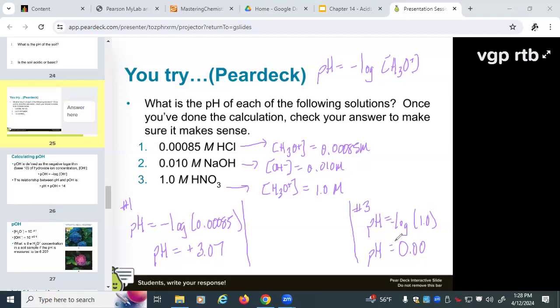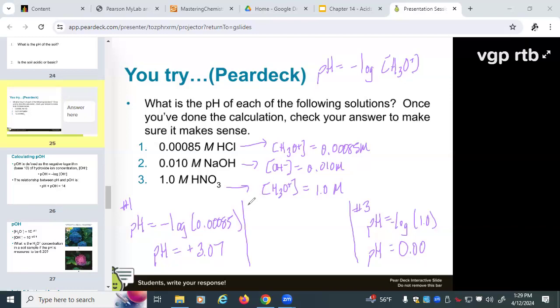Now, again, that's a theoretical value. In practice, if you put a pH probe in 1 molar nitric acid, it's probably going to come out at 0.4, 0.5, or something like that. That gets into a lot more complicated how water actually reacts with acids than we're willing to get into here.